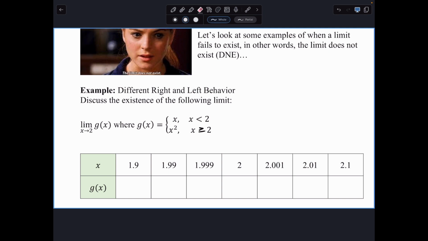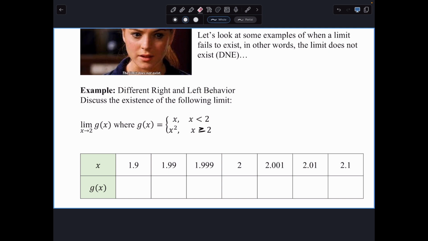Okay, typing in the rule, x, and then to pull up the less than, hit second math. And then second math to pull up the x greater than or equal to symbol.